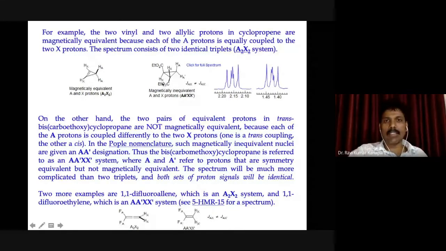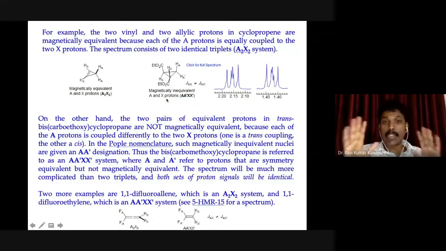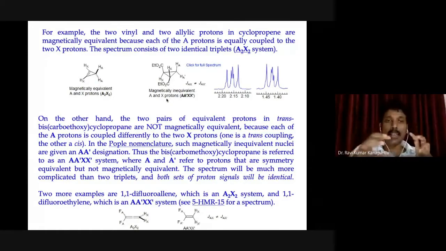If this is X, then that is X dash. So this coupling will be totally different, but their chemical shift values will be the same. Please remember that, whether it is magnetically equivalent or non-equivalent.